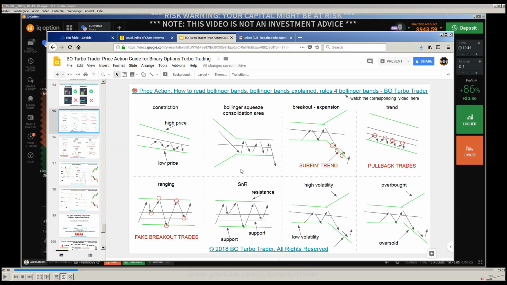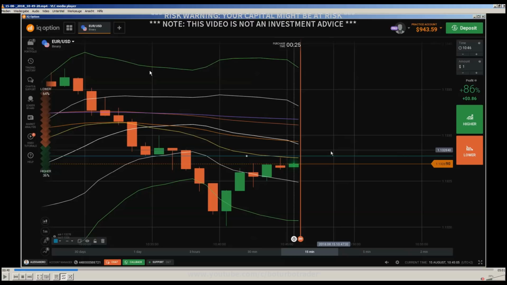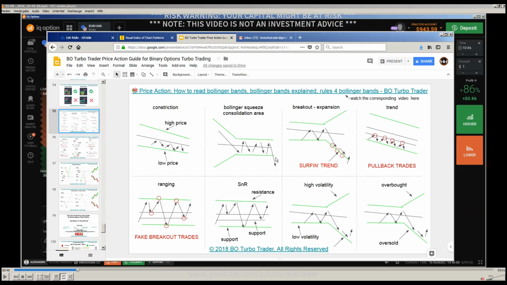So look at this. We have here flat Bollinger Band, resistance, support, and resistance. Bollinger Squeeze, and consolidation area. And what do we have here? We have here Bollinger Squeeze, consolidation area in between, and then we have here the breakout. That is what you should cover.